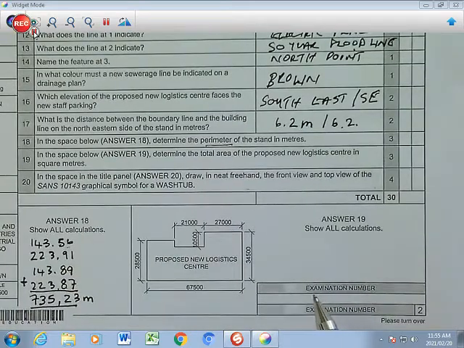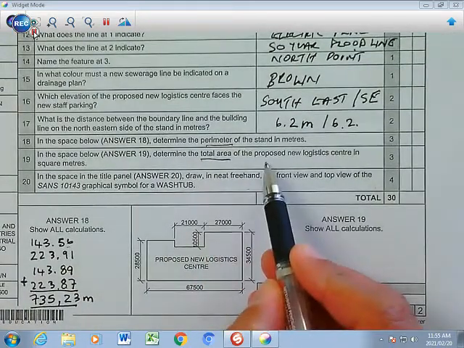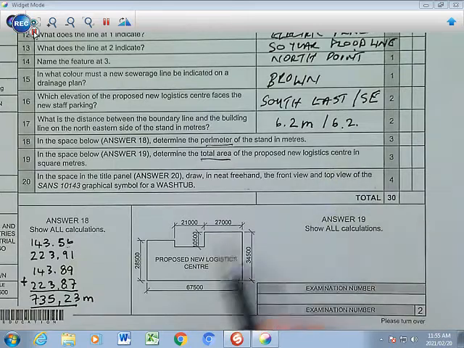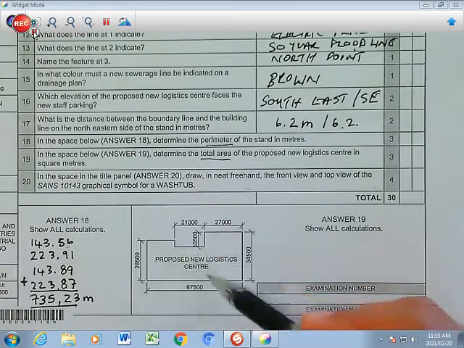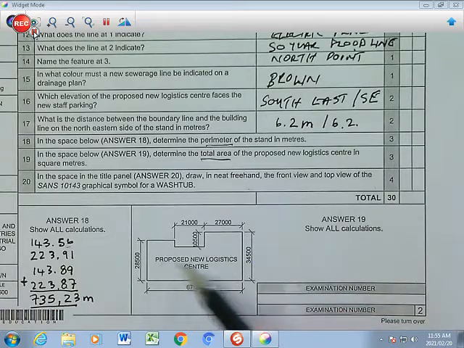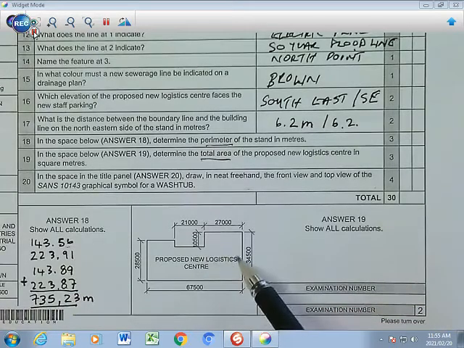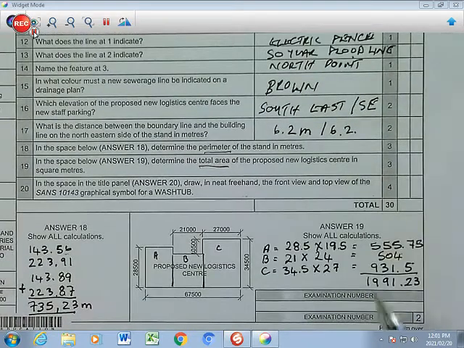Question number 19, the total area of the proposed new logistics center, which is that there. So I'm going to break this up into 3 parts, and I'm going to work each part separately as A, B and C, and then I'm going to add them eventually to get my answer. Let us do that quickly. So I've used the method like I explained, and there we have A, 28.5 times 19.5 gives us 555.75.